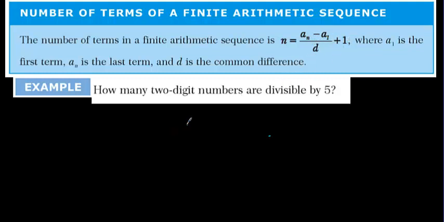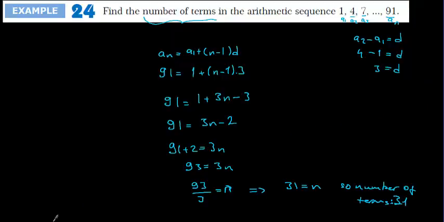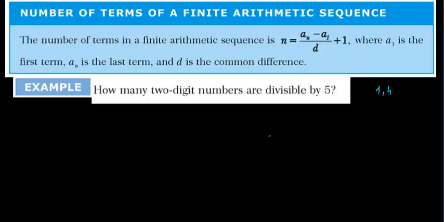If you remember the previous example, the first term was 1, the second term 4, and the last one is 91, and the answer is 91 minus 1 over the common difference, which is 3, plus 1.